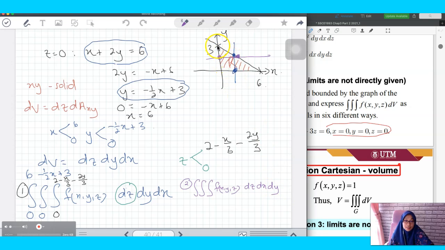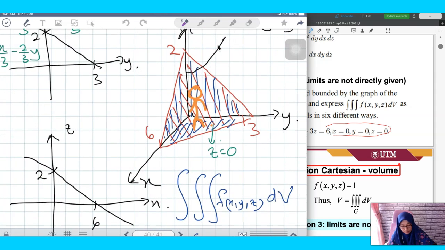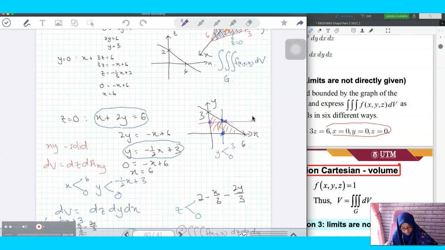We can see here that y is lying between 0 and 3, right? Because it should not just stop here. If you look at this one, the highest y is 3. So 0 to 3.